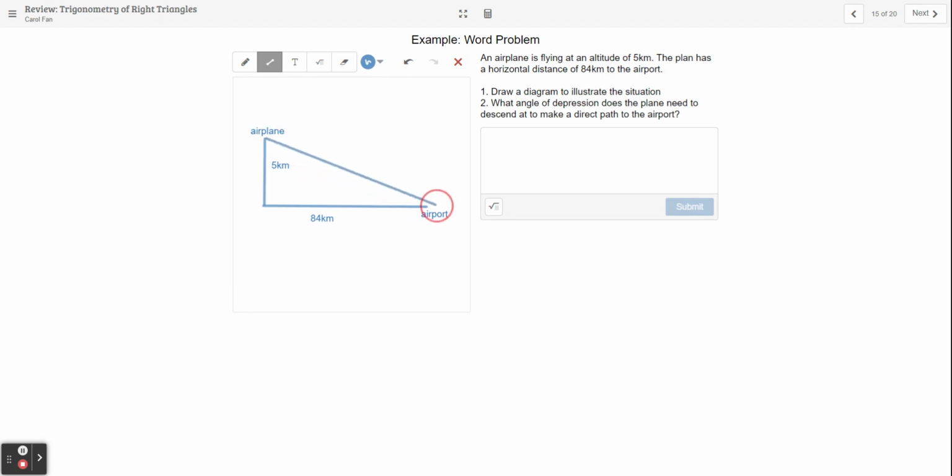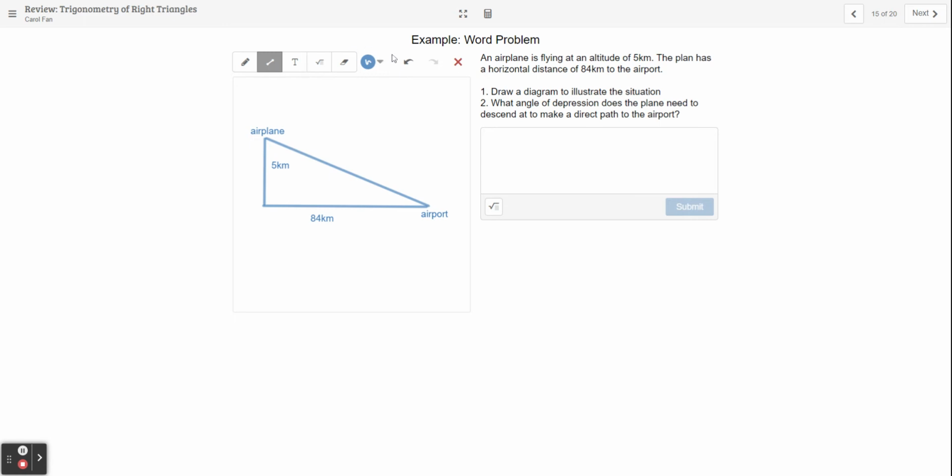Okay, now I need to know what angle of depression the plane needs to make in order to descend to the airport in a direct path. So let's revisit our definition of angle of depression.